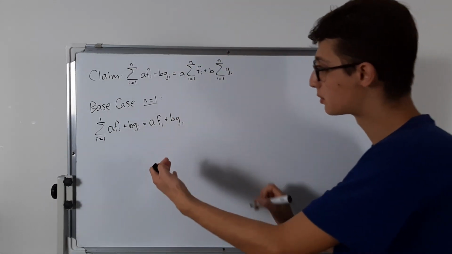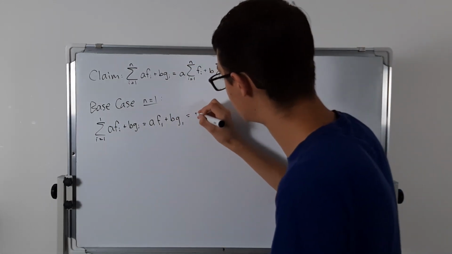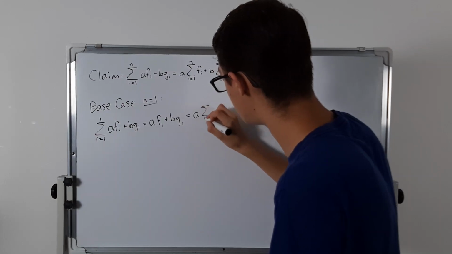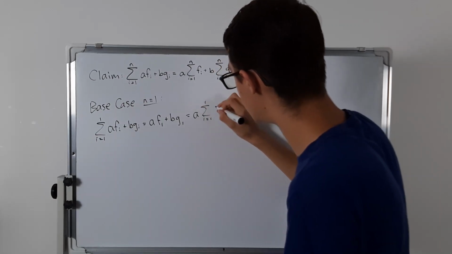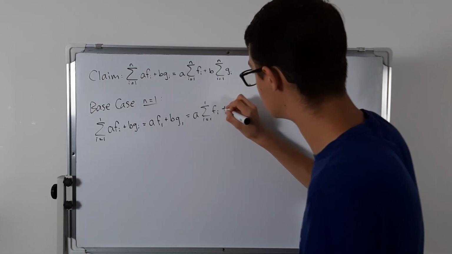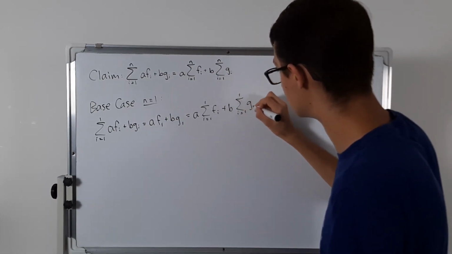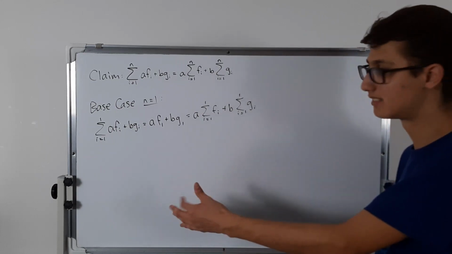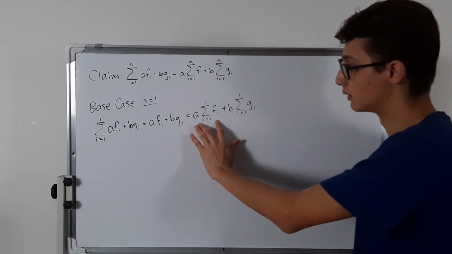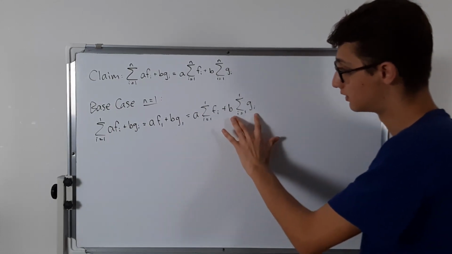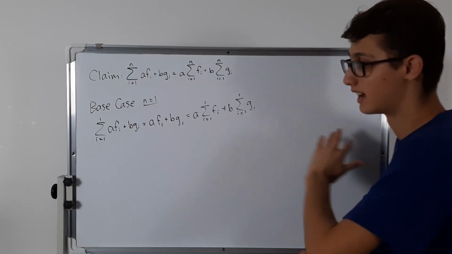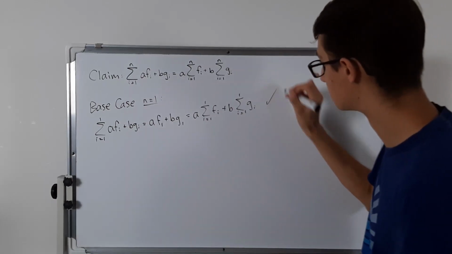Now this is pretty trivial because all we can say is this is going to be A times the sum I equals 1 to 1 of F sub I plus B times the sum I equals 1 to 1 of G sub I. And that's it, because this is just equal to F sub 1, and this is just equal to G sub 1, and so we're done. So this is the base case proven.